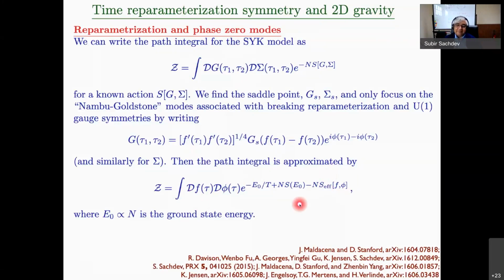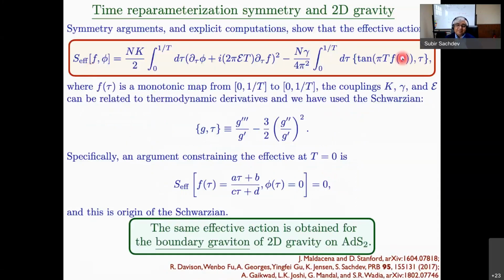There's a lot of evidence, numerical and analytical arguments, on what the structure of that effective action is. So again, ignore this. It has a highly unfamiliar form to a condensed matter physicist. It's what's called a Schwarzian.